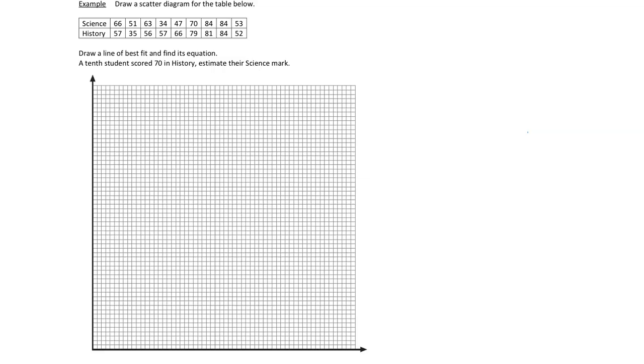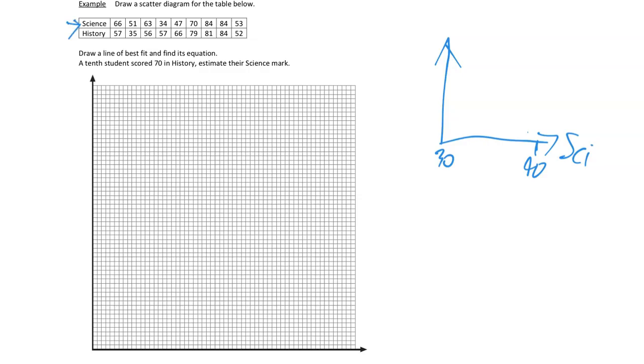Likewise, we're going to look for the highest values for science. Highest value, I've got a 66 there, I've got a 70, I've got an 80, 84. So I think we'll need to go up from 30 to, well, 84, so we'll go to 90. So this is just a wee sketch to keep us right. And remember, the first variable goes on the horizontal.